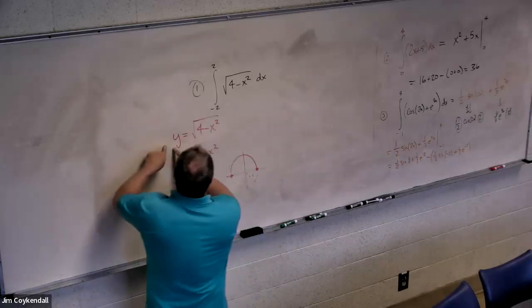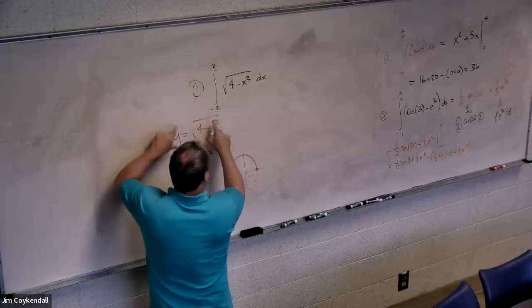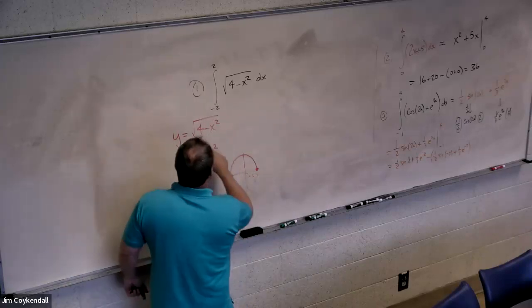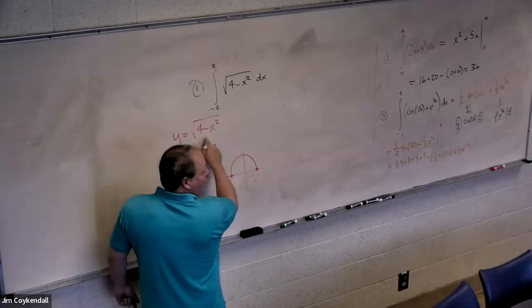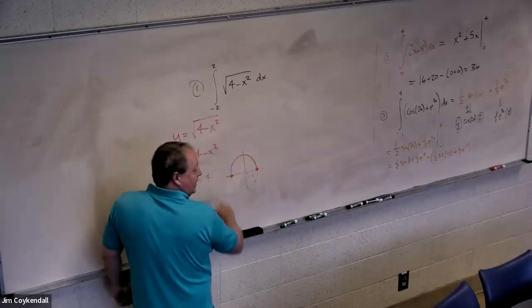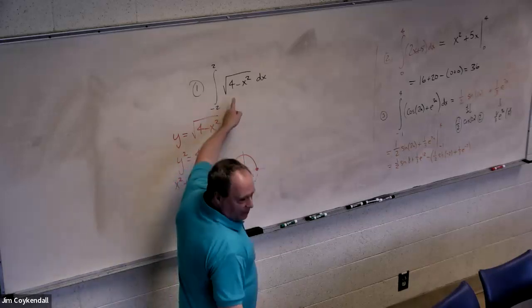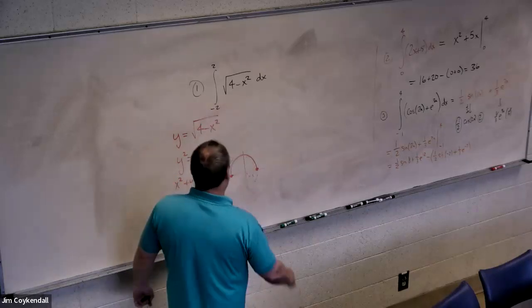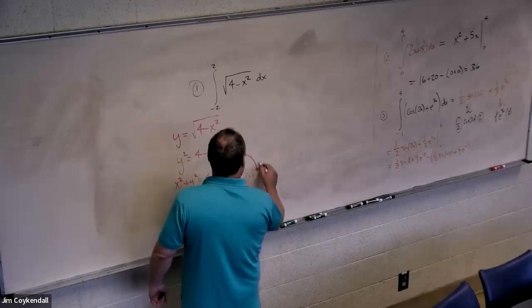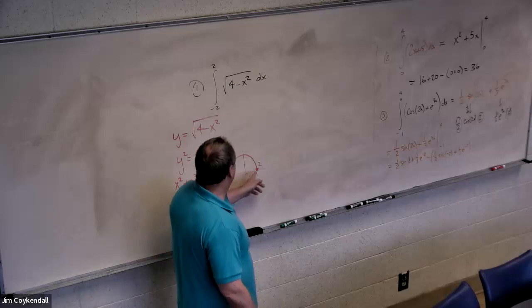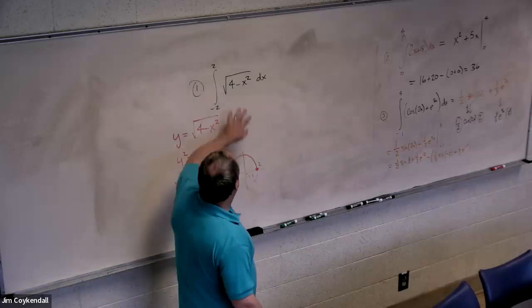This is telling me my y coordinate comes from this equation where the y coordinate is greater than or equal to 0, because it's the square root. Well, so notice I've also got convenient limits. Circle is radius 2, so that's minus 2, and that's plus 2.